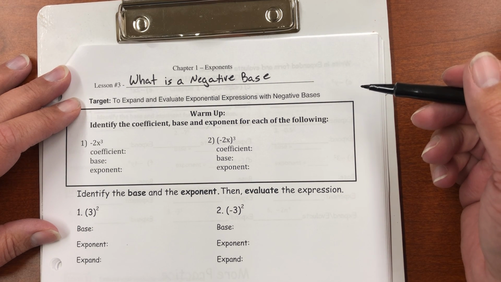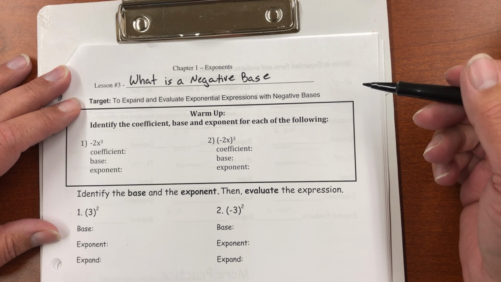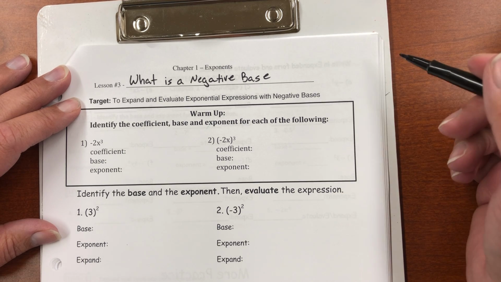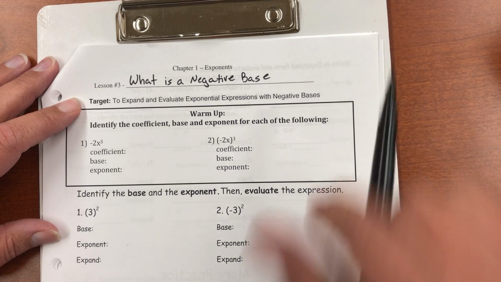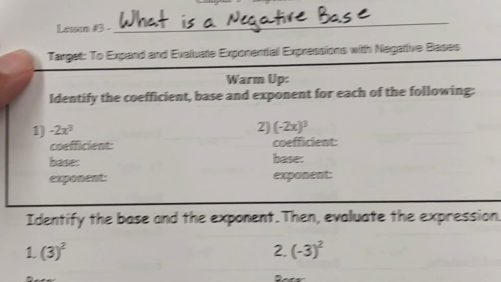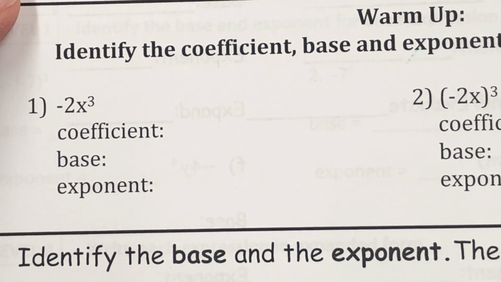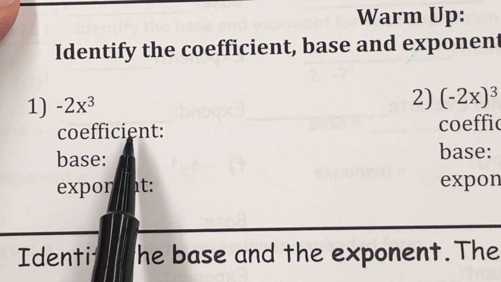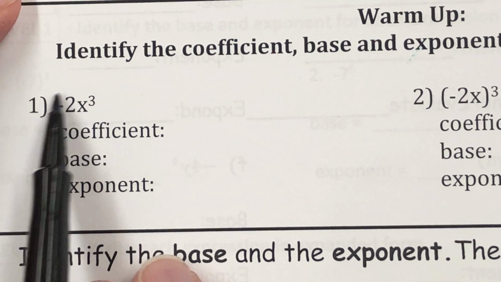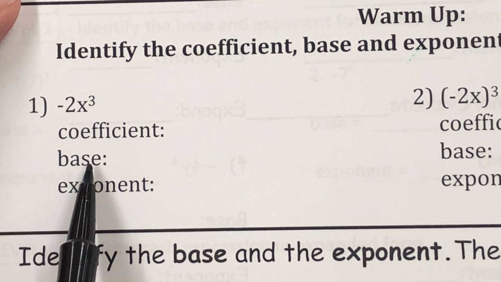Okay, welcome back. Let's talk about the coefficient, base, and exponent for each of the following. So I am going to come in to make it a little bit easier for you to see. And let's look at the coefficient here. Remember, the coefficient is the number you multiply times the base.